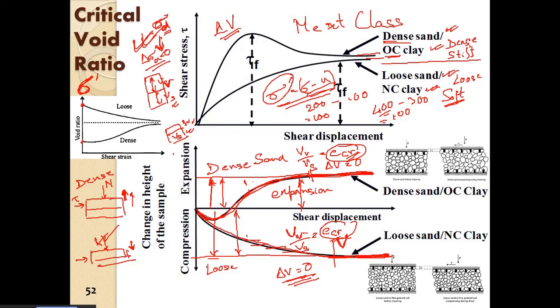For the same effective confinement, when we shear the soil, and if it is the same type of soil, whether dense or loose, meaning same grain size, same specific gravity, same plasticity index, whatever, then if we shear, the dense state of the soil will increase in volume, so the void ratio will increase.